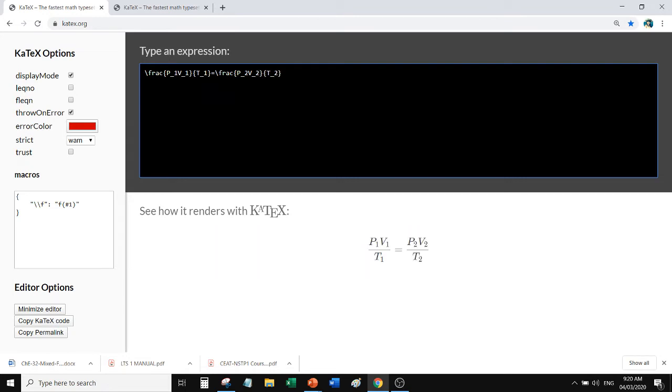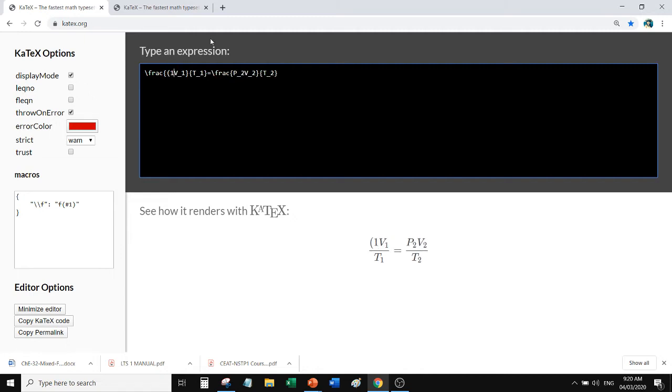Since our P1 is 1 bar and V1 is 12 meter cube, our P2 is 12 bars. So let's replace that.